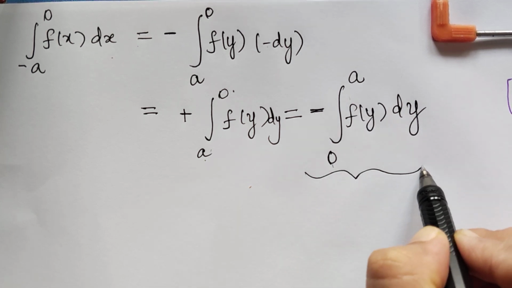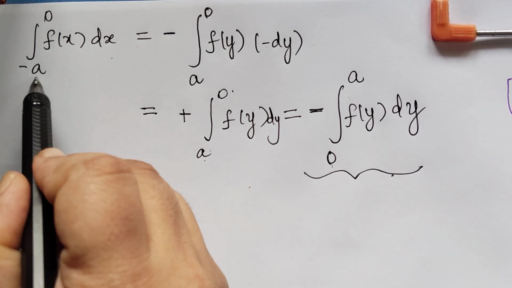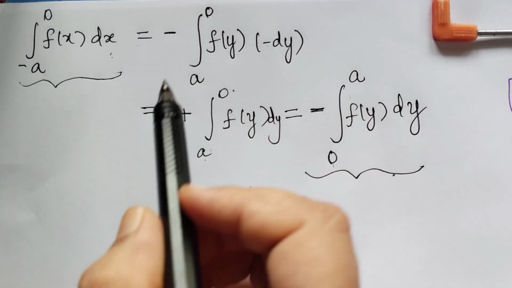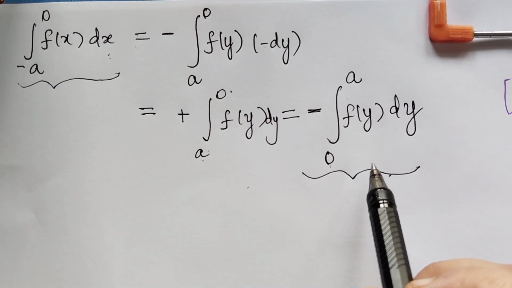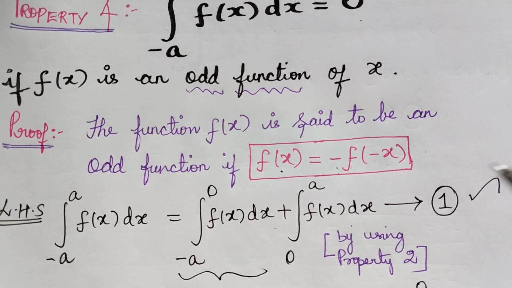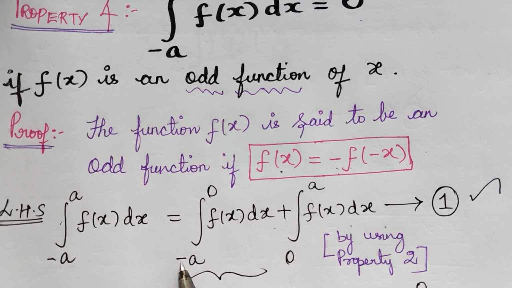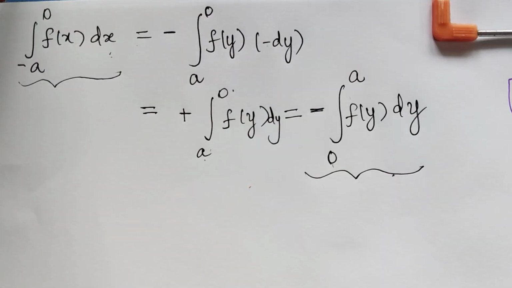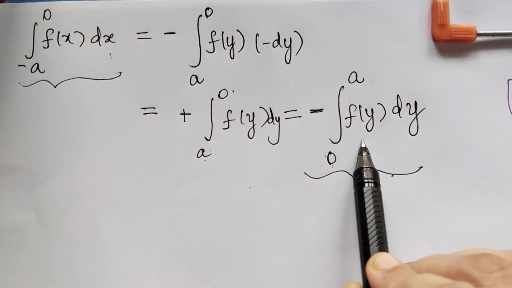Now, we shall take this and substitute it in equation 1 in place of the integral from minus a to 0 of f of x dx. In equation 1, we are just replacing the integral from minus a to 0 of f of x dx by minus integral 0 to a of f of y dy.